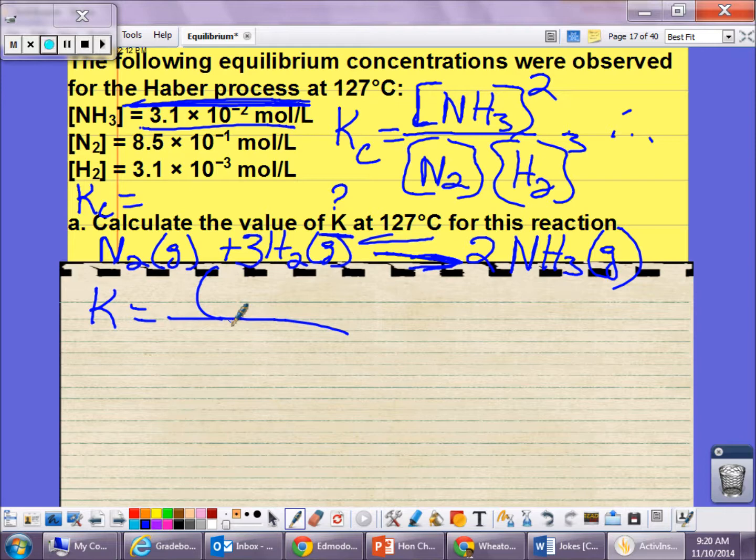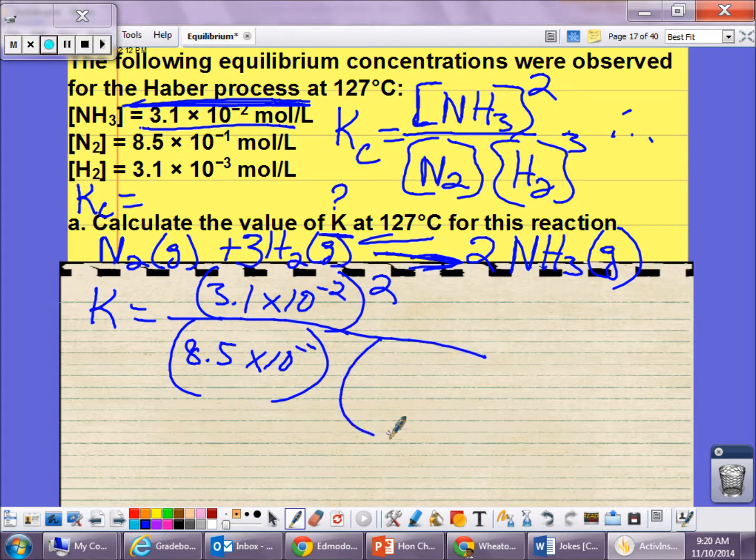The concentration of my ammonia is 3.1 times 10 to the negative 2, close parentheses, this is squared, over the concentration of nitrogen, which is 8.5 times 10 to the negative 1 to the first power, times the concentration of hydrogen, which is 3.1 times 10 to the negative 3. And then this is a cube.